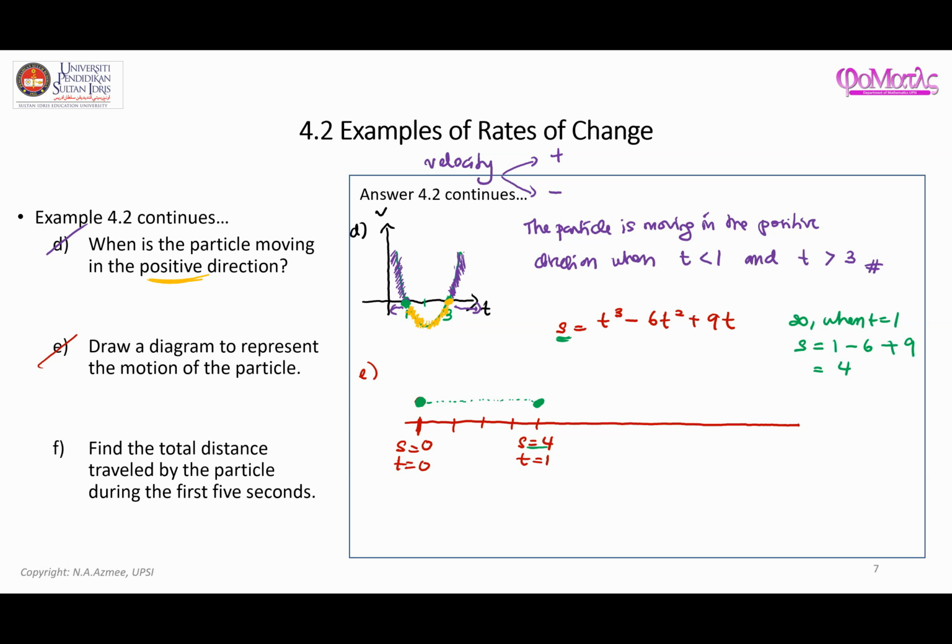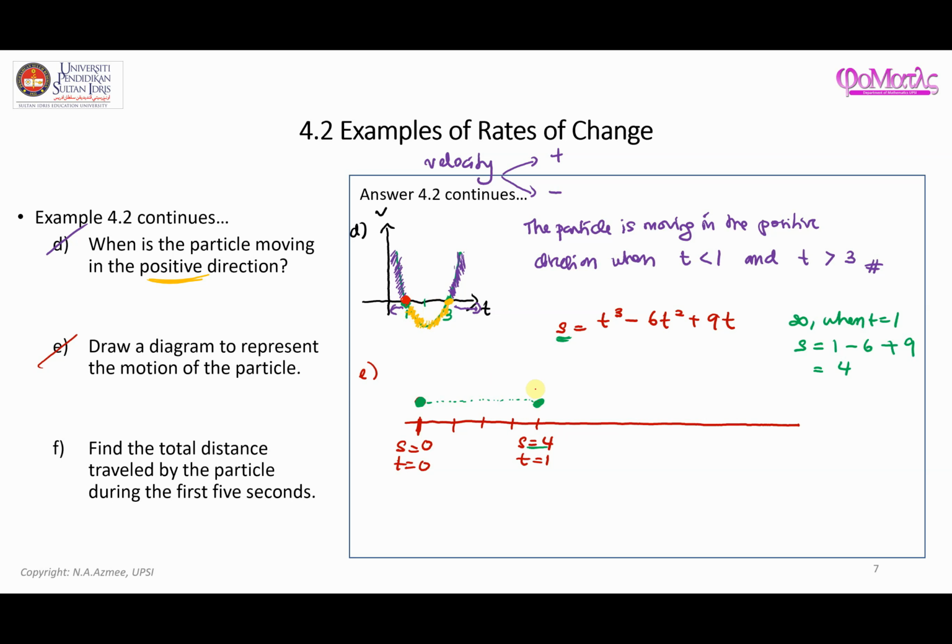All right, now based on this velocity graph here, you know that at t equals 1, the particle stops and it is going to change direction. So now the direction change means the particle is going to move in this backward direction.